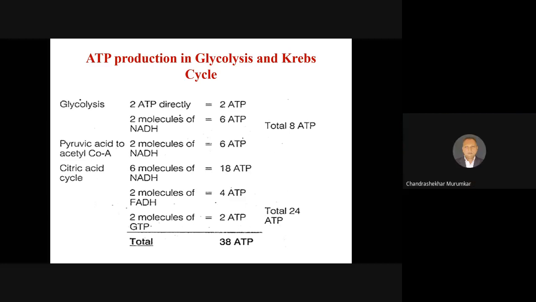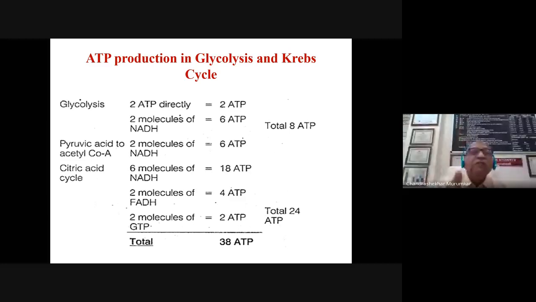And that's why, in all, when one glucose molecule is completely oxidized to CO2, we are going to get 38 ATP molecules. This is an energy budget of the complete oxidation of glucose, or total oxidation of a glucose molecule.